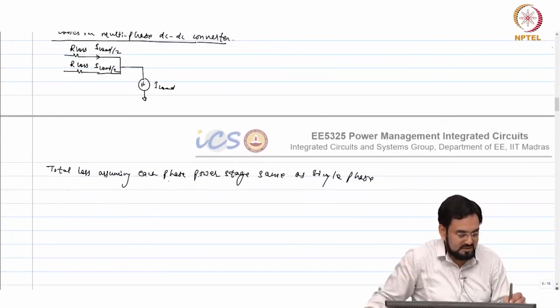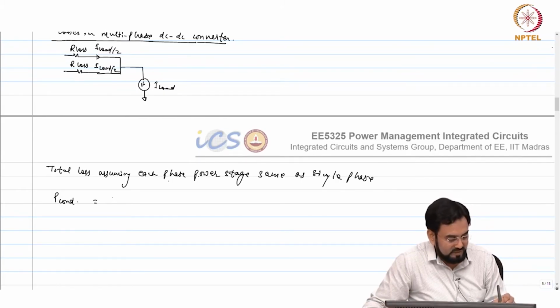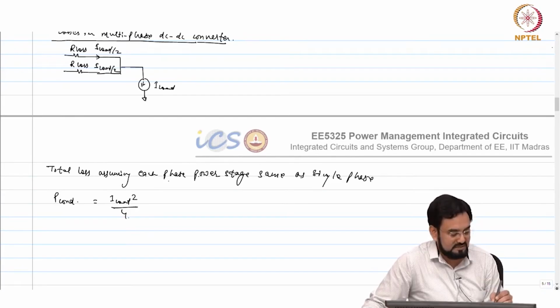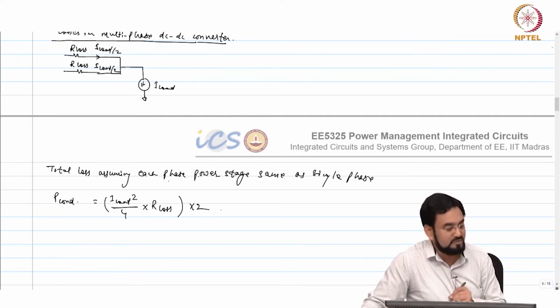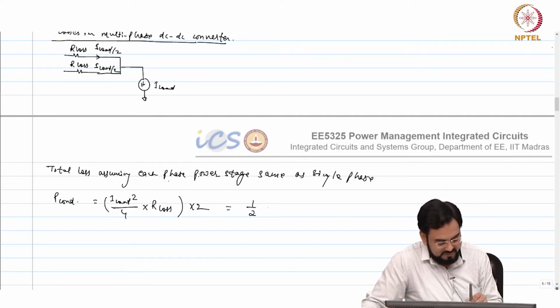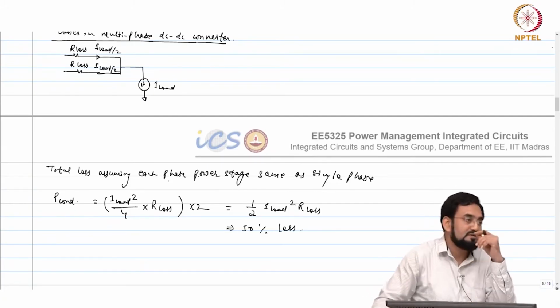So what is the total power conduction loss? I square R. So I load square by 4 into R loss multiplied by 2. So half of, which is 50% less.